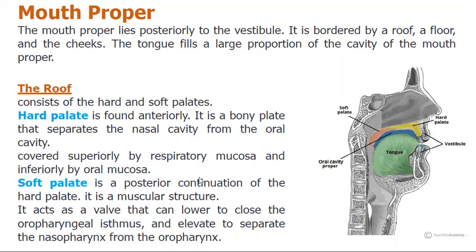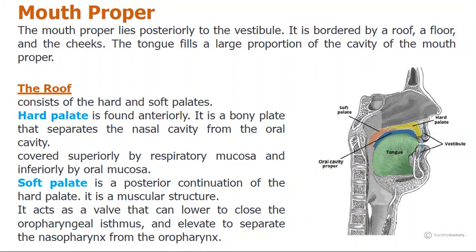It is bony and separates the oral cavity from the nasal cavity above, while it is actually lined by respiratory epithelium from above, from the nasal side, while from the oral side it is lined by the oral mucosa, the same epithelium as the oral mucosa.